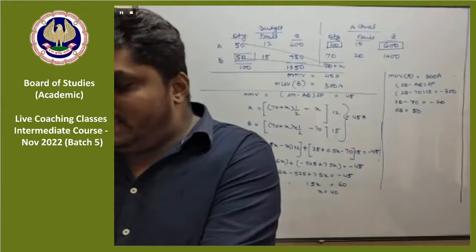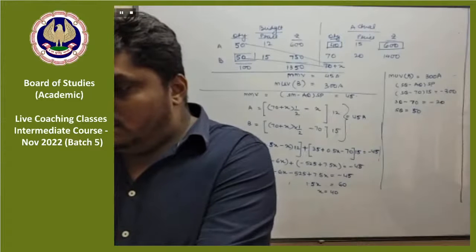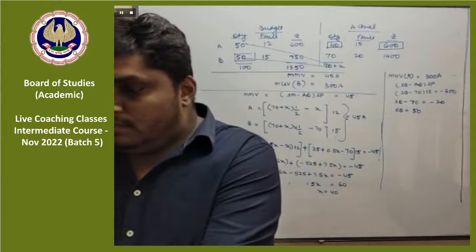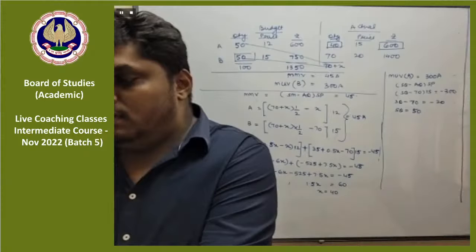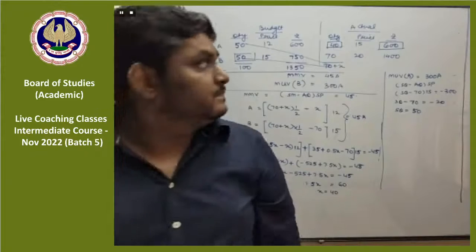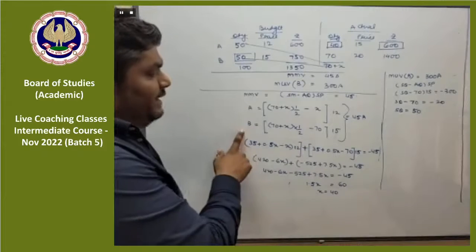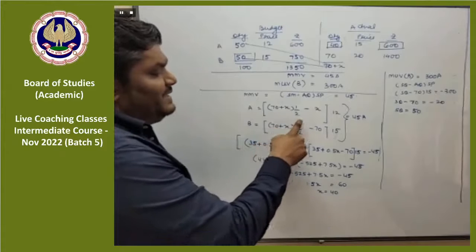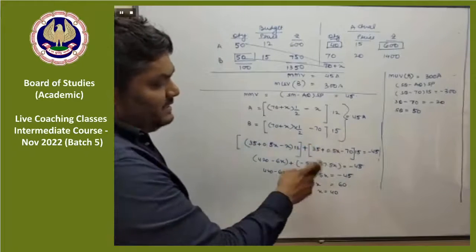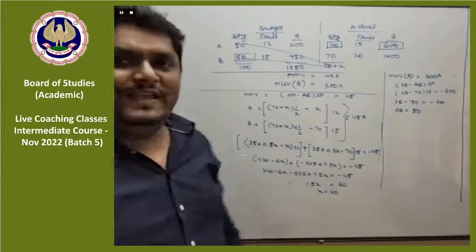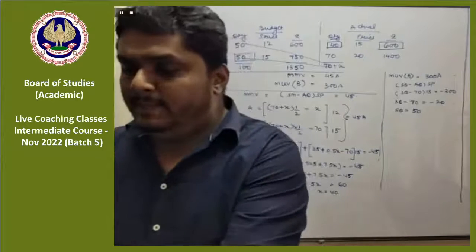Waiting for your queries, guys. It is already considered, that is 70 plus x into 1 by 2 minus 70 into 15. This is simplified as follows, and accordingly we have got this answer, that is 40.